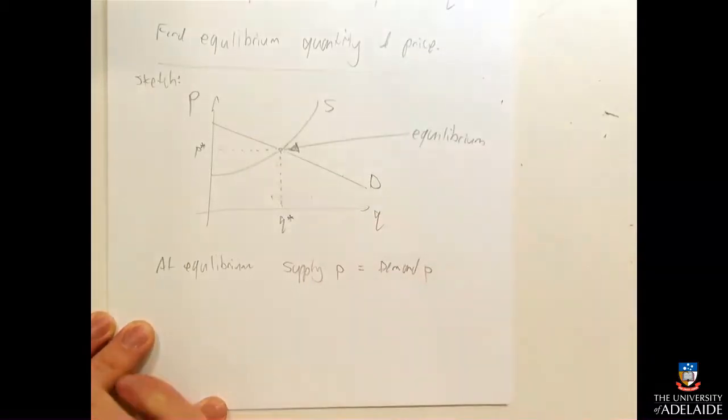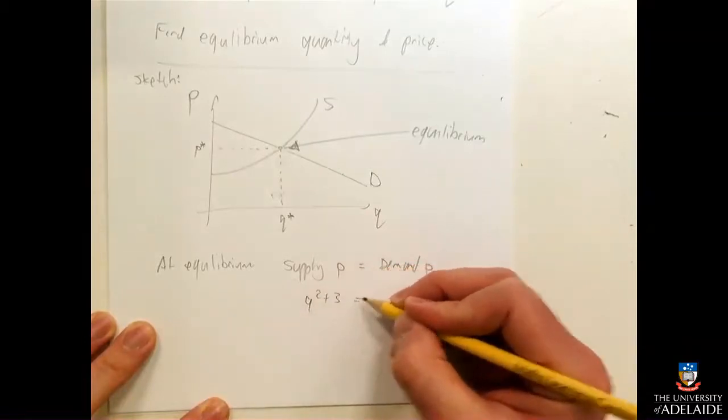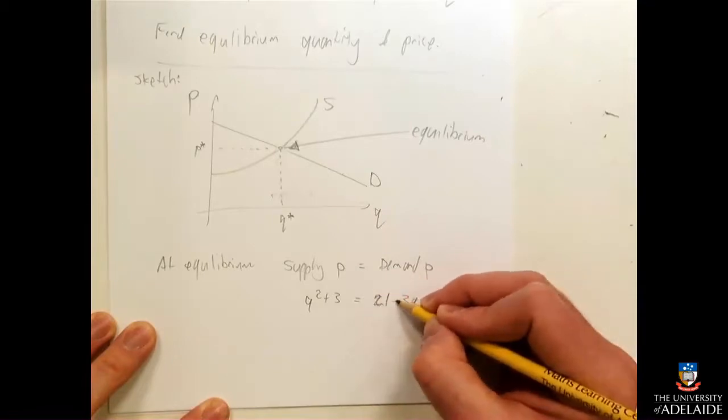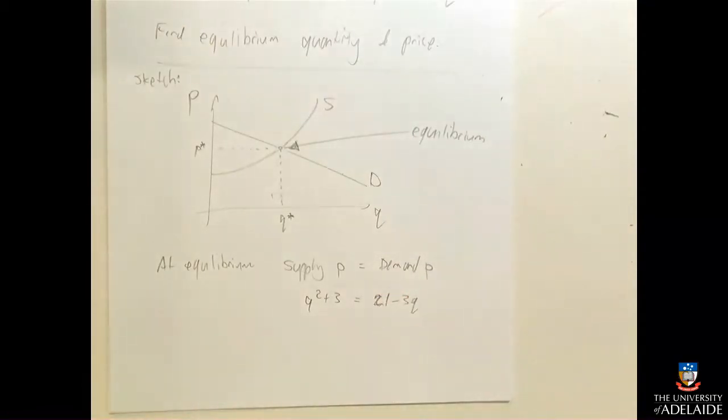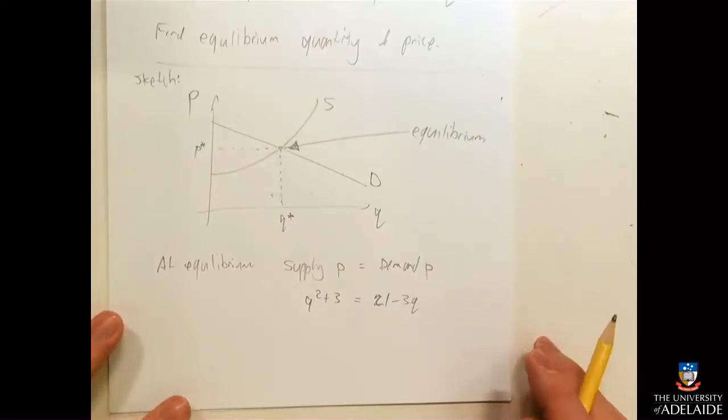The supply P is the same as the demand P. And so I've got that Q squared plus 3 is 21 minus 3Q. And now I have to solve it. Yay. Okay, so now this is a quadratic equation.